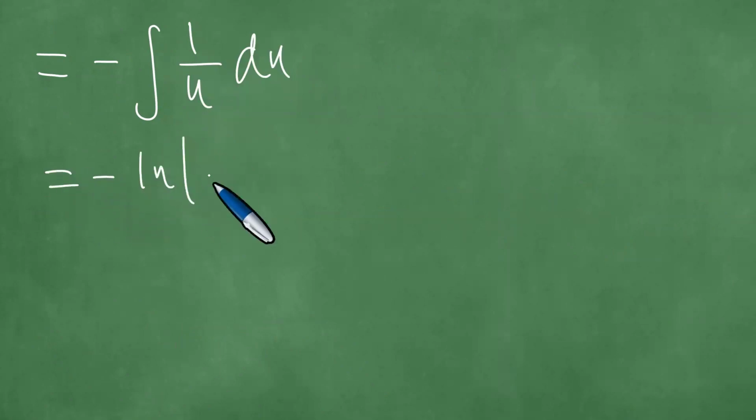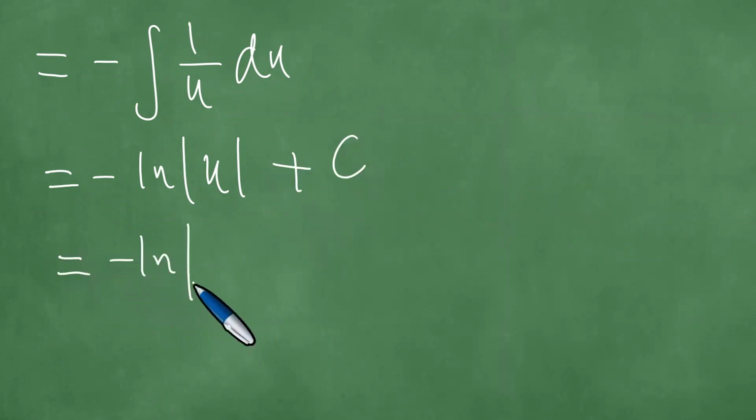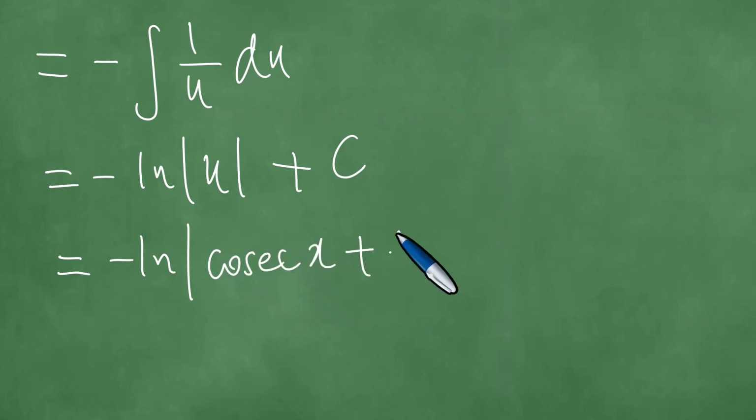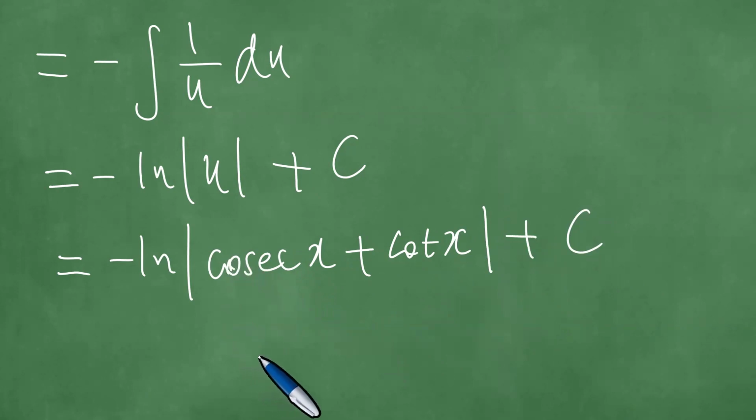It is the natural log of the modulus of u plus c. Okay, minus the natural log of modulus of u. What is u? U is actually cosecant of x plus the cotangent of x plus c, like so. And this is what we have.